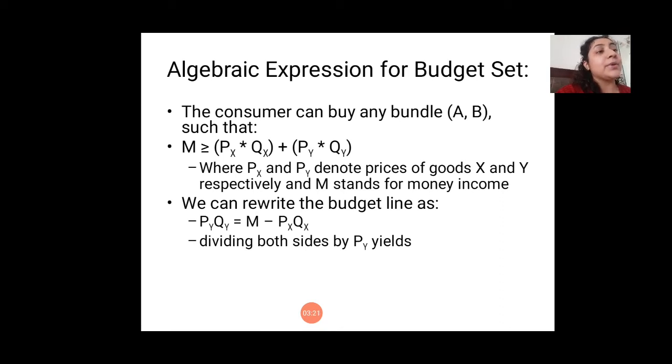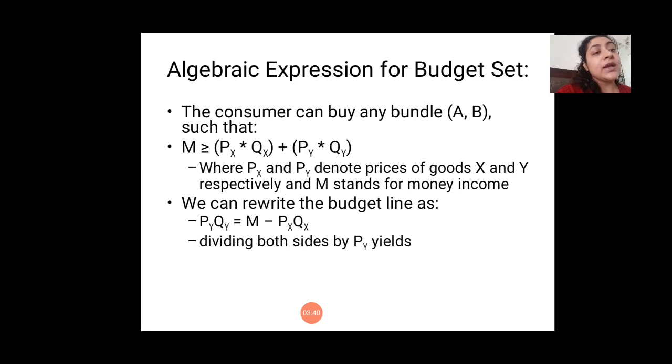For example, you have rupees 100. Either you can spend rupees 100 on buying different goods, or you can save some money and spend less than that. You cannot spend more than that. So that is your algebraic expression.